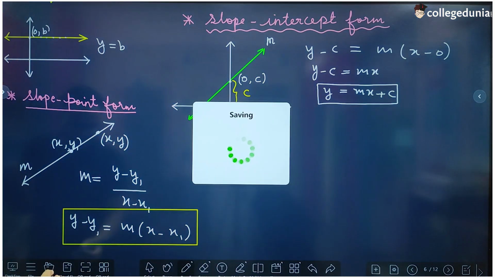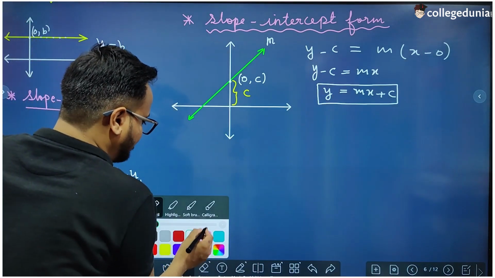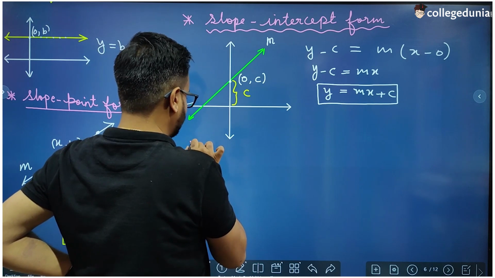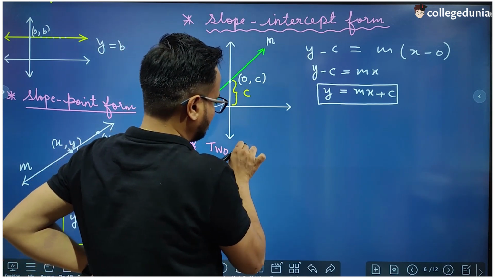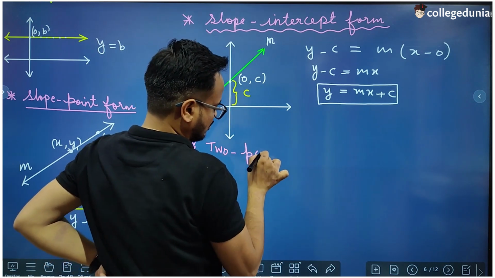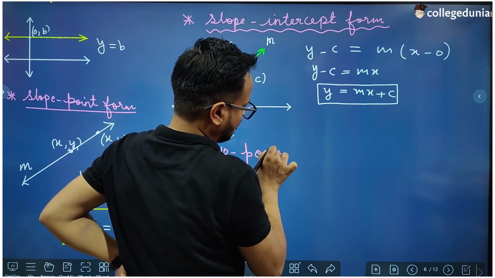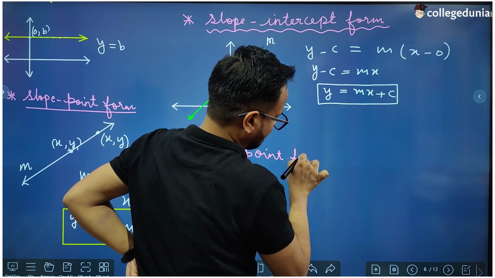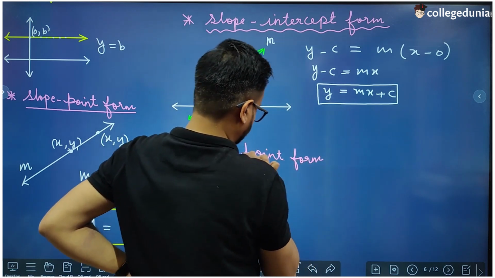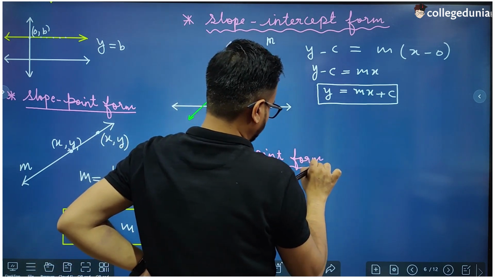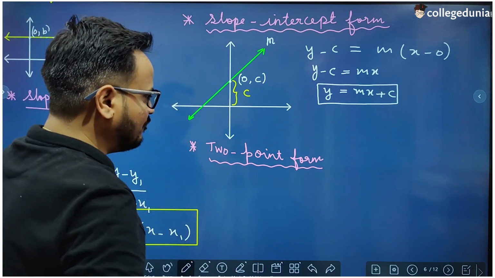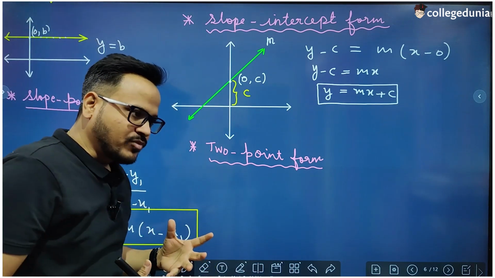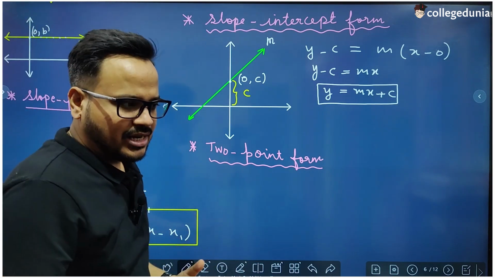Now there is another very important form which is called the intercept form, or first let us discuss the 2-point form. What is 2-point form? 2-point form is when 2 points are given on the line, right?